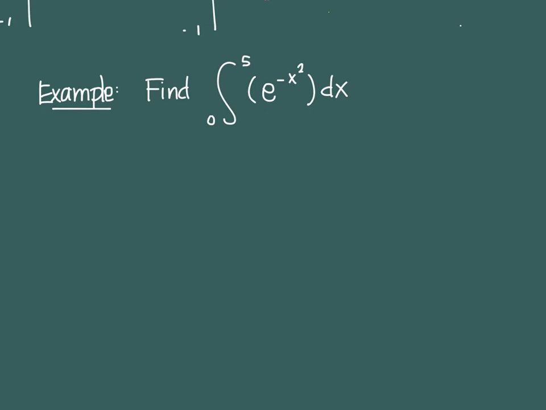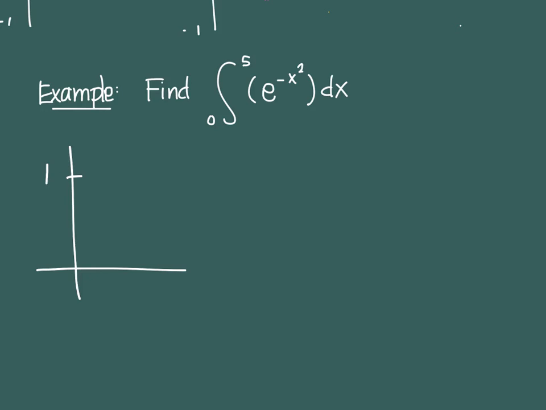I have a general idea what this looks like. I know it's always going to be positive because exponentials are always positive. Does anybody have the shape of that? You have to really zoom in on it.